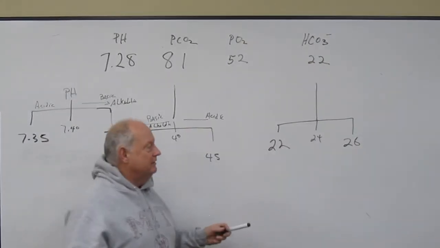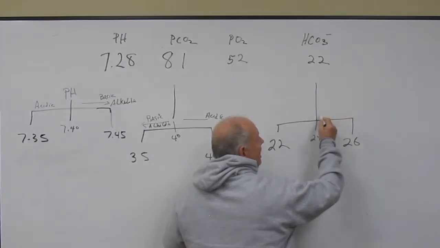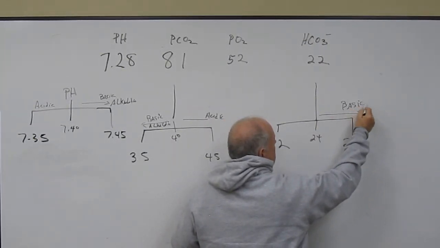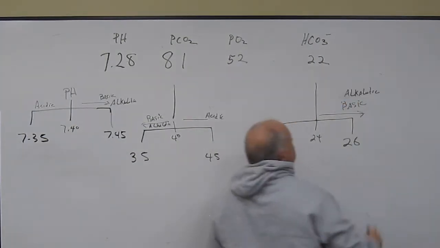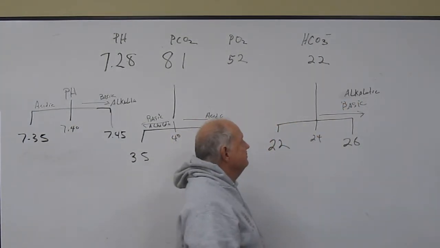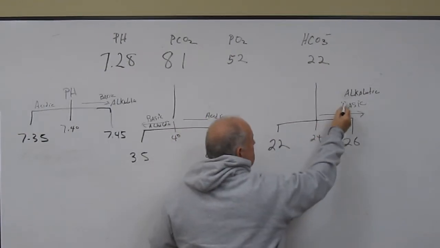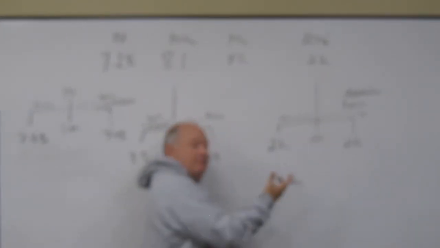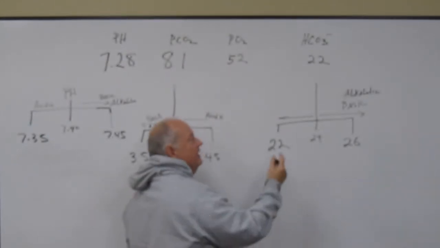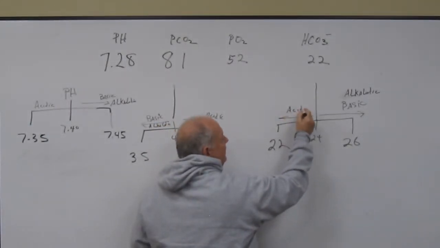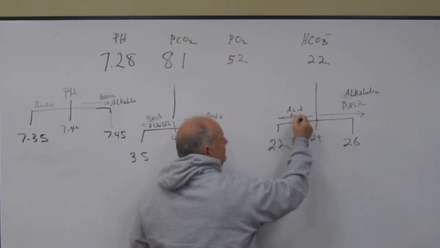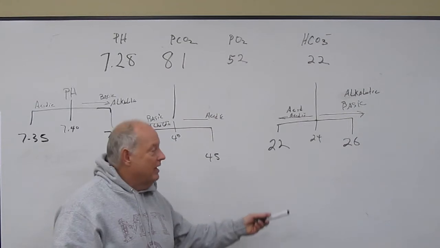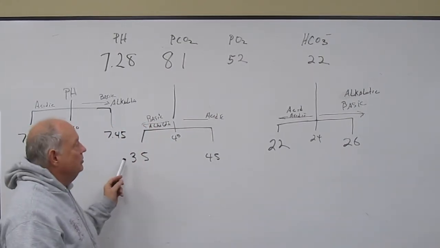So if we have a lot of it, it's going to be basic or alkalotic. If we have less of it, of course, if you have less of a base, then it's going to be left with an acid or acidic. Excellent. We have to memorize these normals.